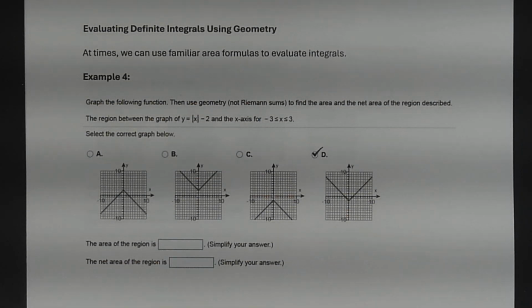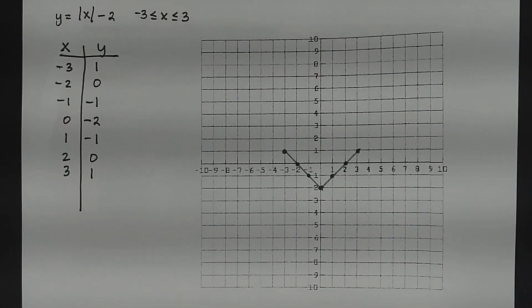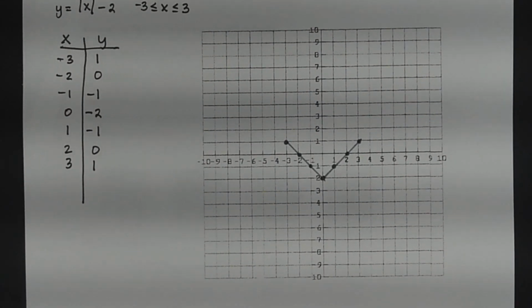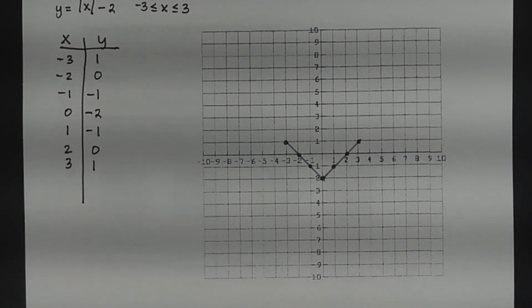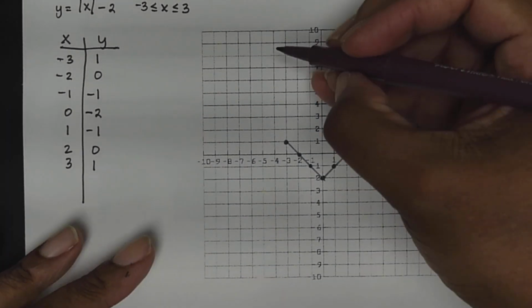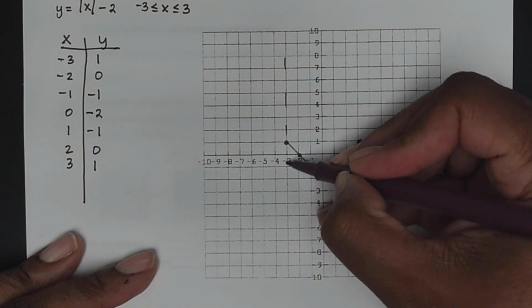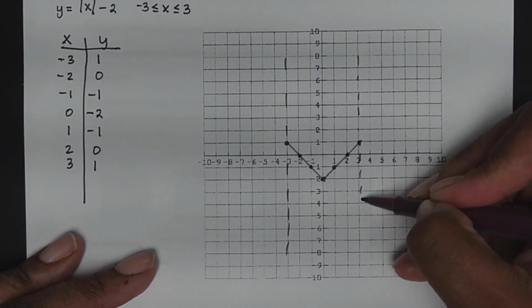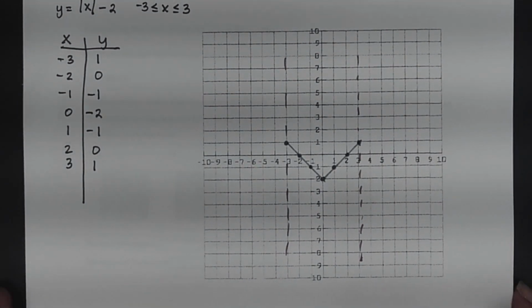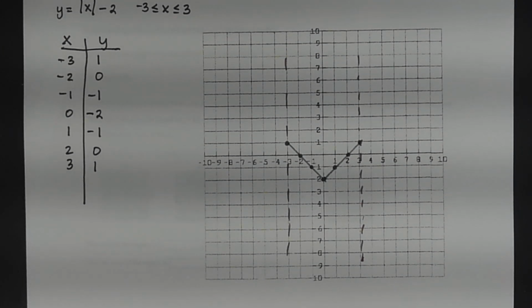Now we want to find the area of the region and then the net area of this region. Now we're only going from -3 to 3. Okay? So we're restricted from -3, that's to the left, and +3 to the right. And the x-axis and the graph itself.